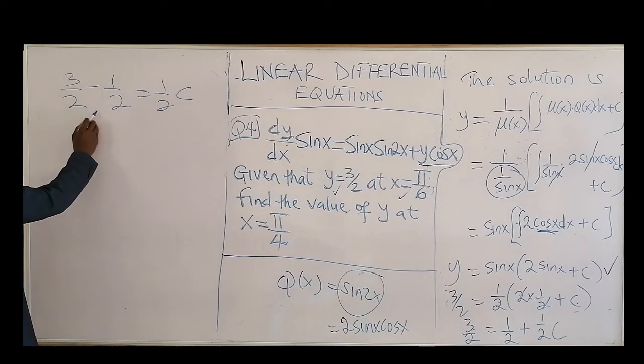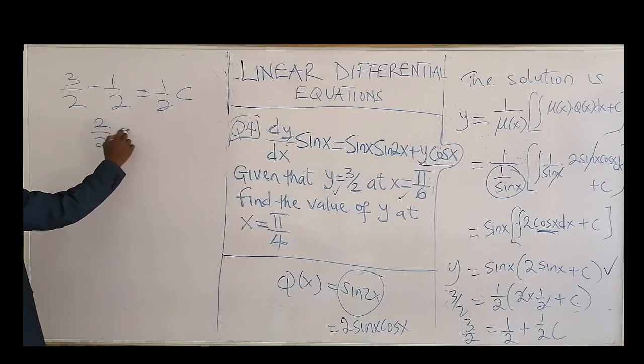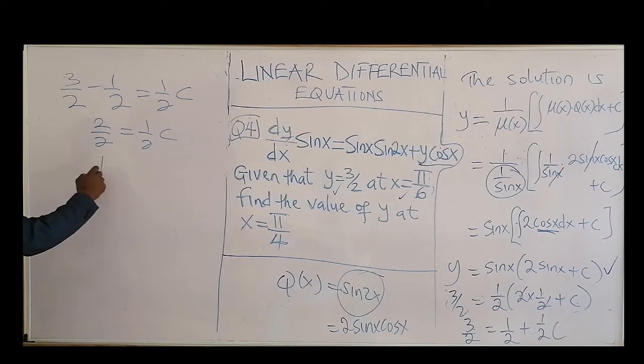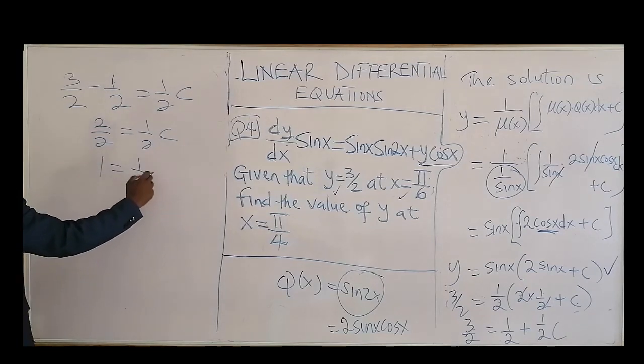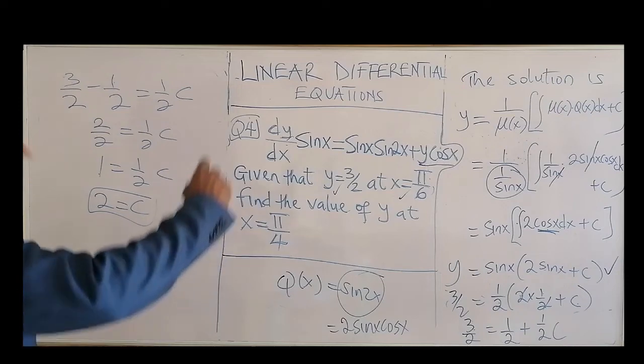So this will give you 3 minus 1, that's 2 over 2, equal to half c. So this will be 1 equal to half c. So with that, this will be equal to times 2, that's c. So c is 2.